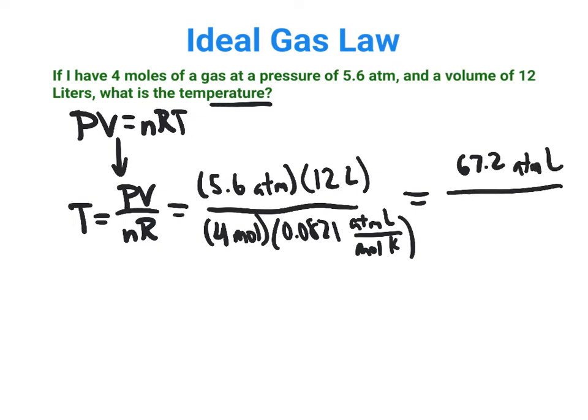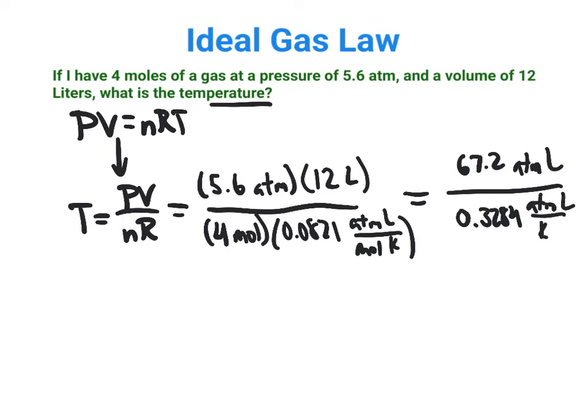That's a weird unit, but you'll see in a second. When I put that on the bottom, it's 4 times 0.0821, which is 0.3284. Moles is going to cancel, so it becomes atmosphere liters per K.